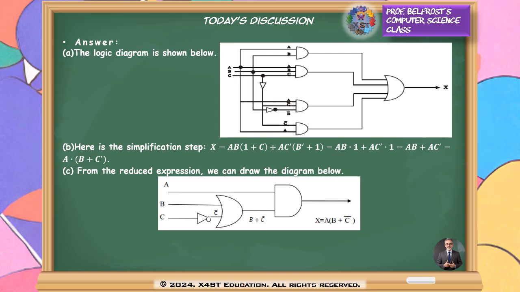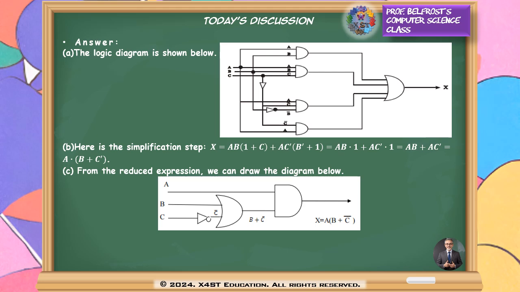If you are facing a more complicated one, I'd first recommend you proceed with Karnaugh map if possible. After doing this simplification, we get the reduced expression, then we can draw the simplified diagram.